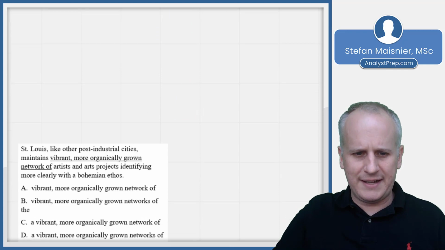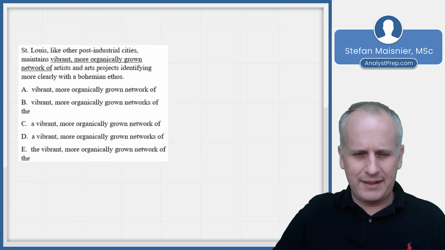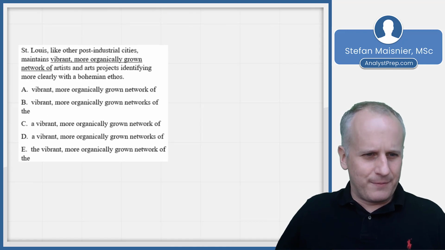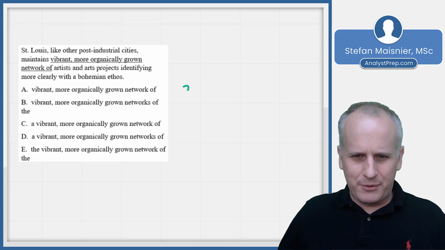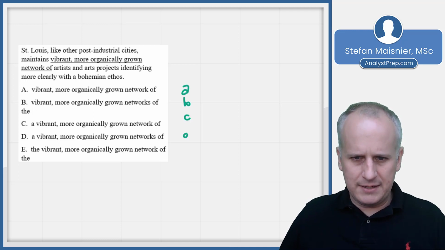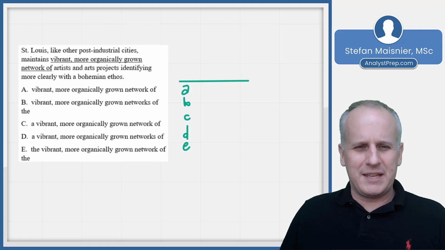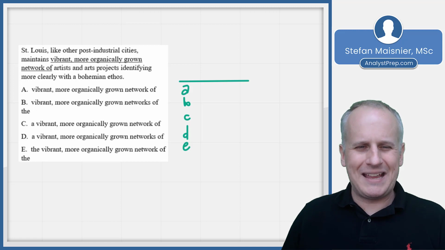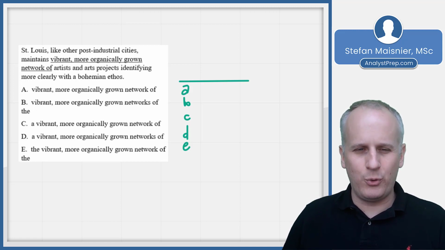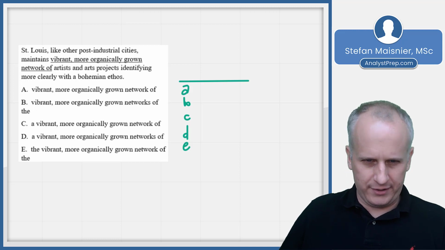So let's scroll on down and take a look at one more example problem. So setting up the scratch pad one more time, we've got A, B, C, D, E. Once again, we have a little line over top for a possible error if we identify it in the original sentence. So, starting at the beginning, St. Louis, like other post-industrial cities, maintains vibrant, more organically grown network of artists.